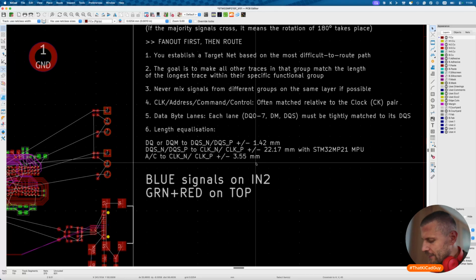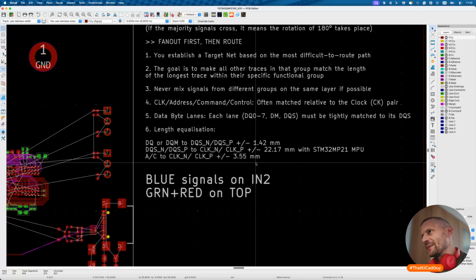Yeah. And D8 to D15 plus DQS1 must be again tightly matched to 1.42 millimeter.